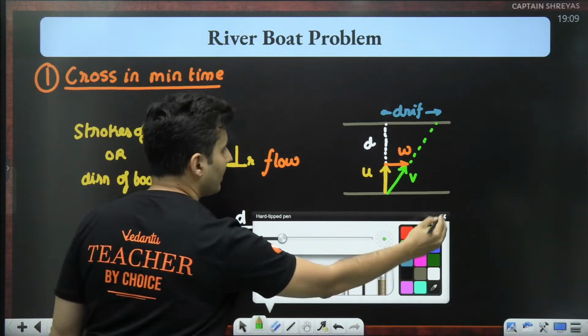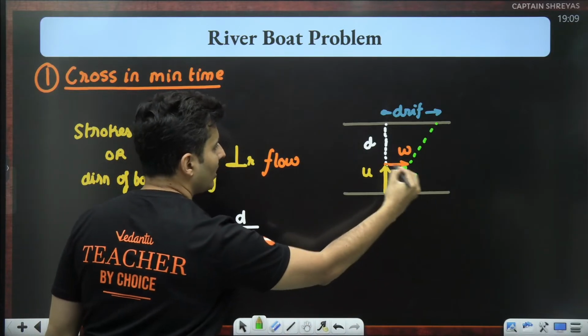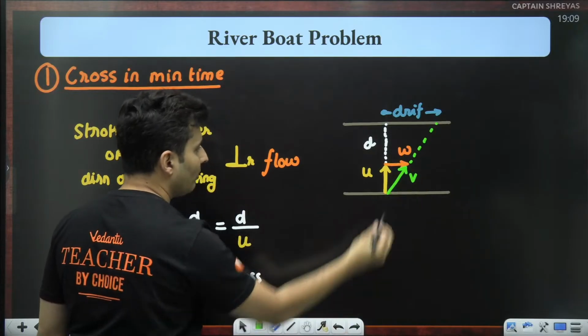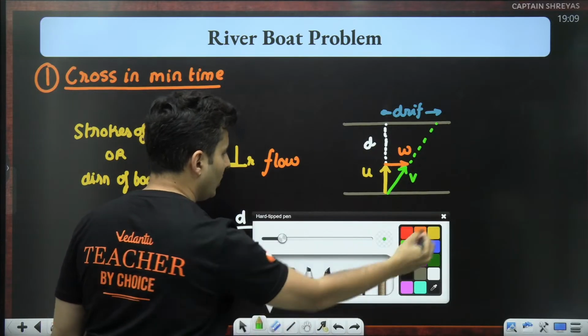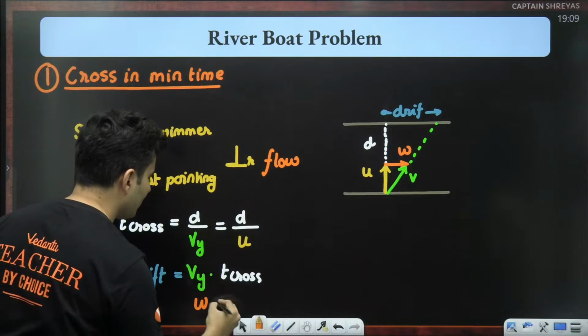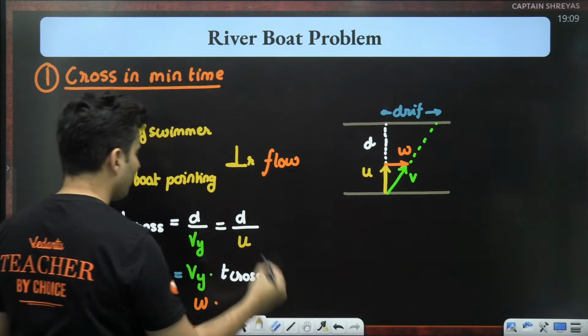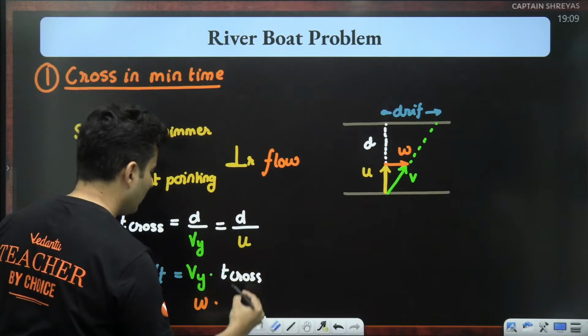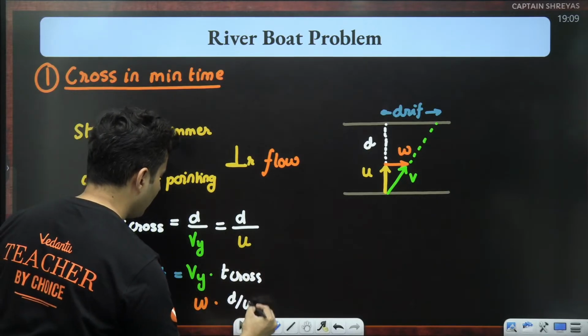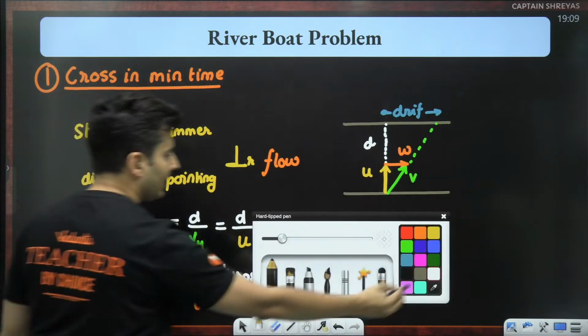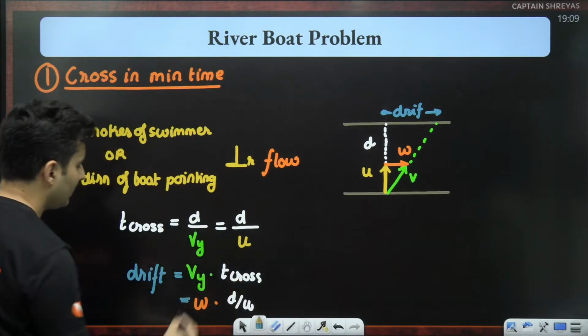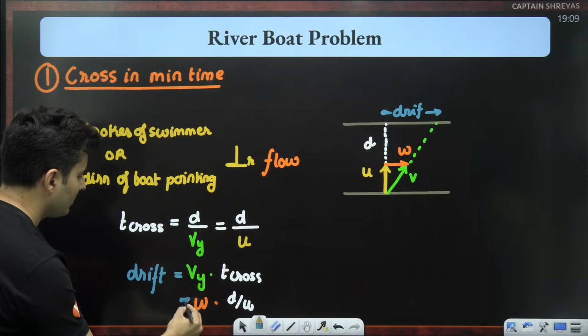How much is that x component of the velocity? It will be just w, guys. So this Vx will be just w, and the time taken to cross is d divided by u. That is your drift.